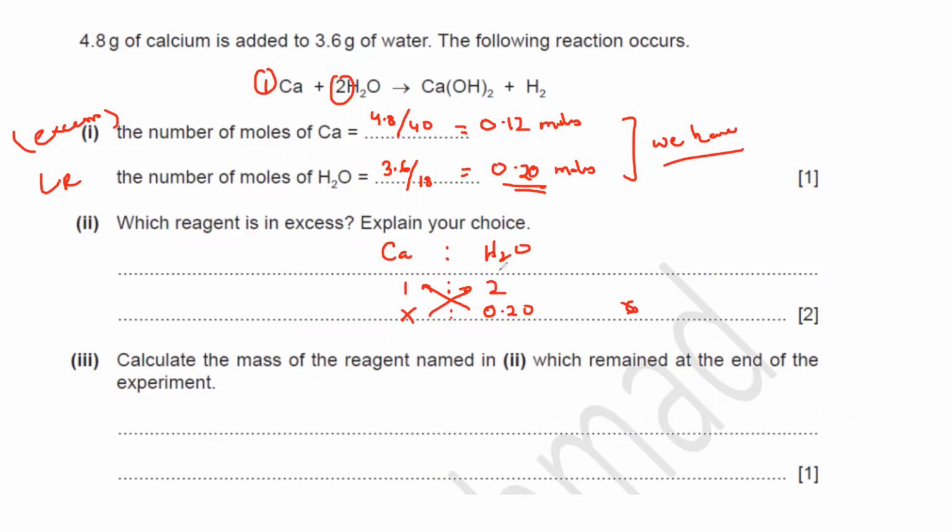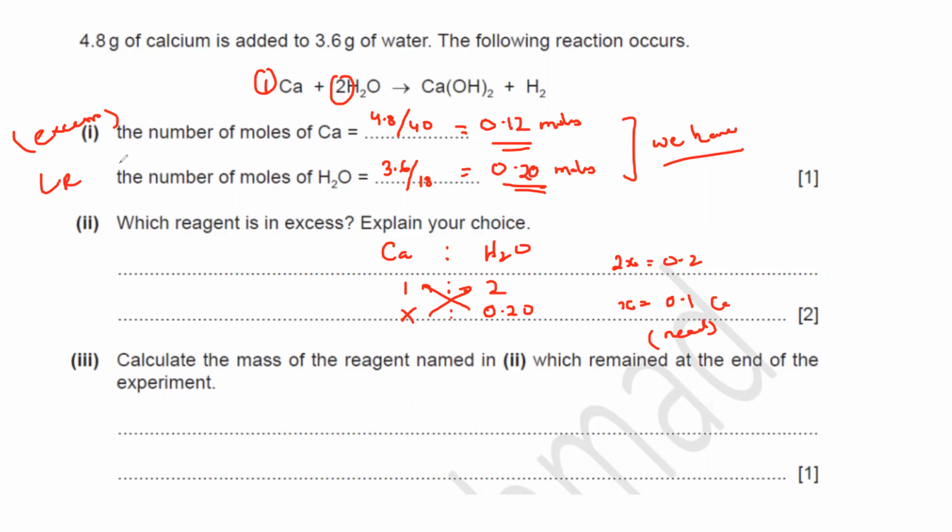When you solve, 2x is equal to 0.2, so x is equal to 0.1. These are the moles of calcium which we need, but we have 0.120. So we have more than what we need. So calcium is in excess, or water is the limiting reagent.